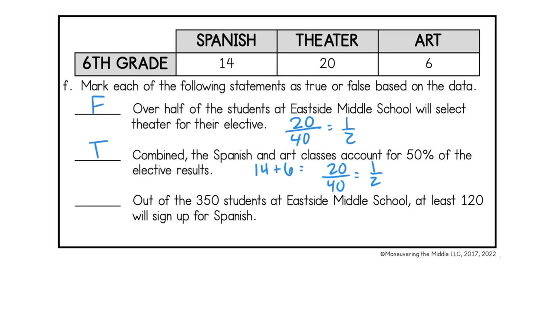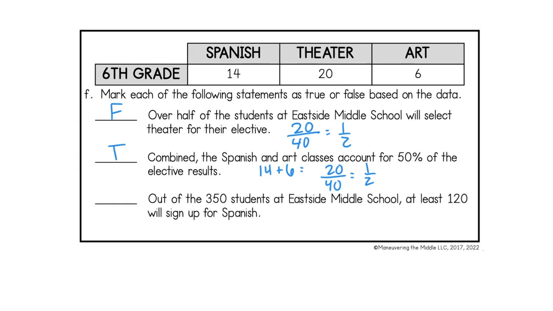And the last one, out of the 350 students at East Side Middle School, at least 120 will sign up for Spanish. So we have to figure out what percentage Spanish is. If it's 14 out of 40, remember that simplifies to 7 over 20. Out of 100, that's when we do the times 5, so it's 35%. So we have to figure out what 35% of 350 is.